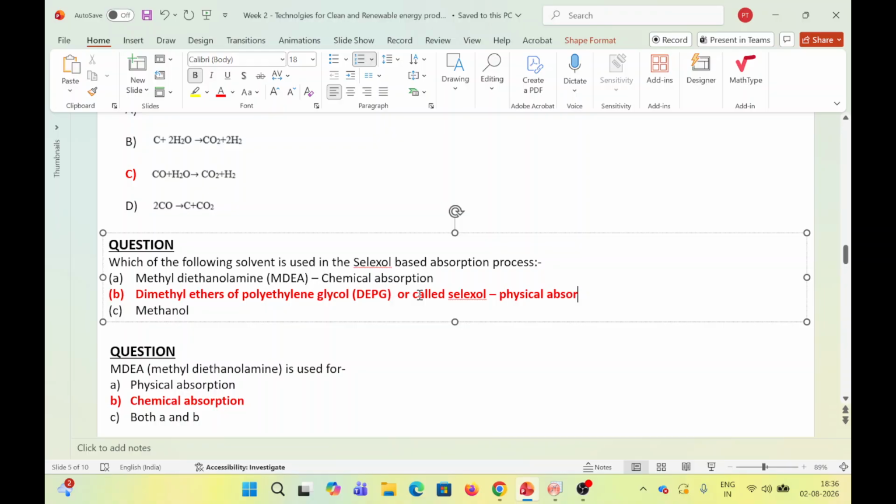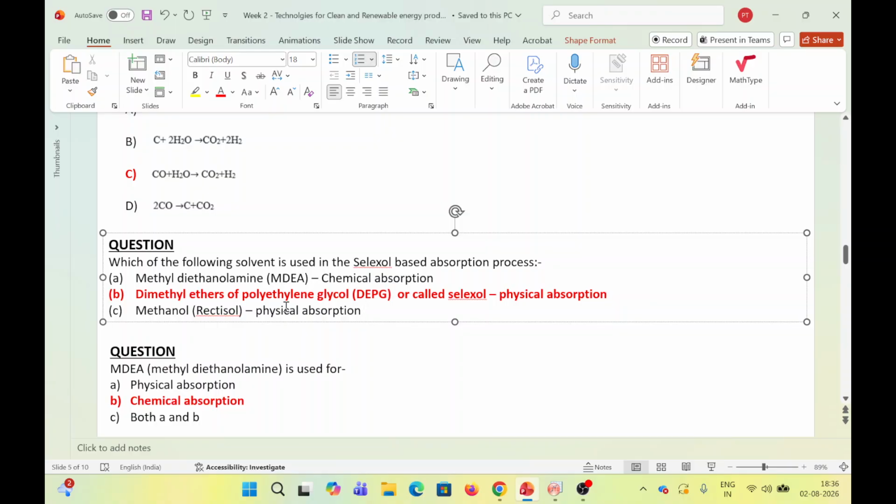And what about methanol, which you can also call Rectisol? Is it physical or chemical? Physical. Physical absorption process.